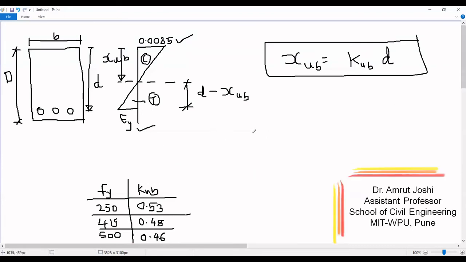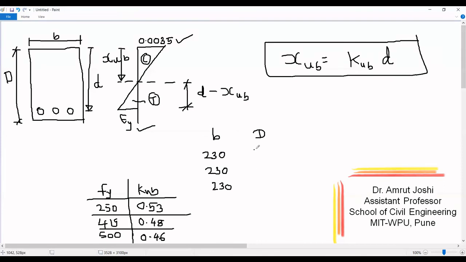Now let us quickly consider a small example. We have three beams with different sizes of B and D. Let us say B is 230 for all three beams. So beam number 1 has width 230, beam number 2 has width 230, and beam number 3 also has width 230.